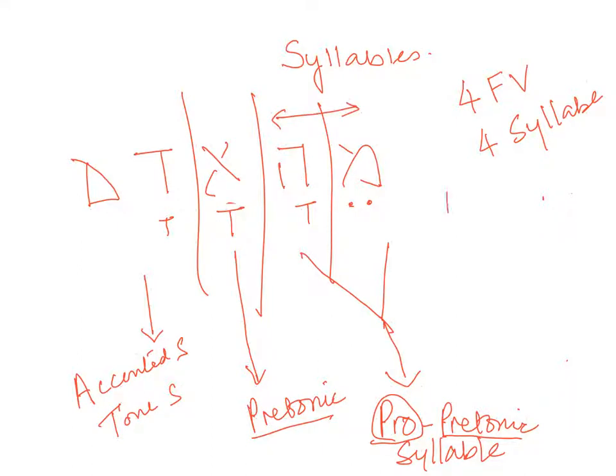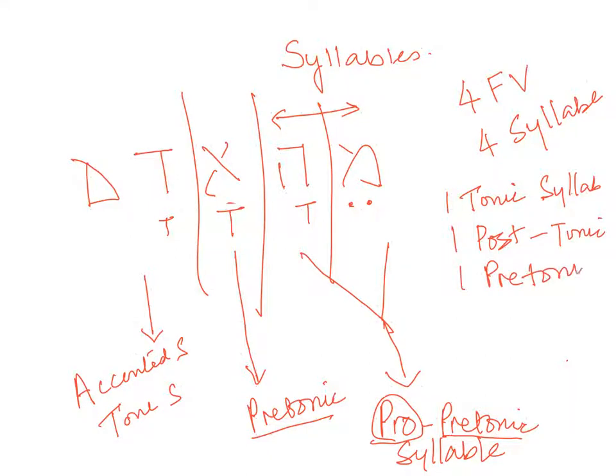Hebrew will allow you to have one tonic syllable, one post-tonic, and one pre-tonic, but it can allow many pre-pre-tonics. Please remember that. In this example, you have two of those syllables.